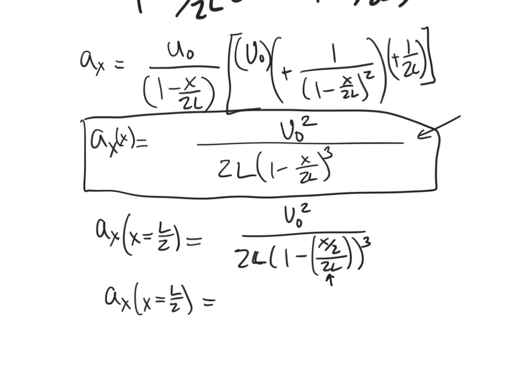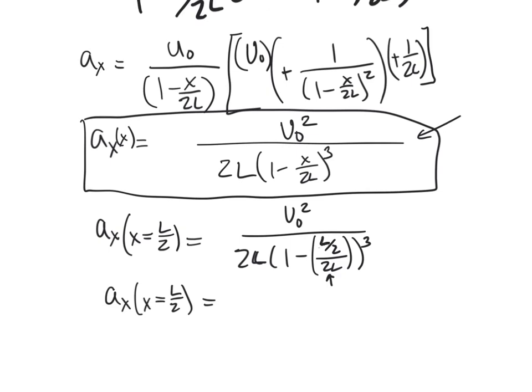Oh, wait, is that right? No, I'm sorry. Wait, what did I do here? Oh, all right, this should be L over 2. My apologies. I was wondering why the L's didn't cancel out. So I should have plugged in L over 2 here.